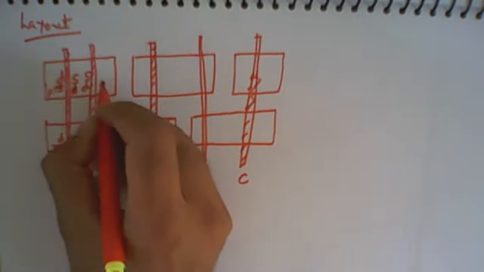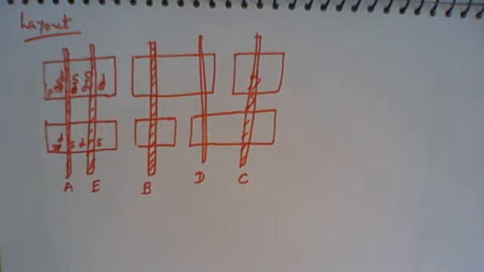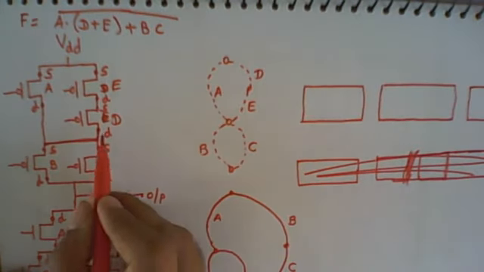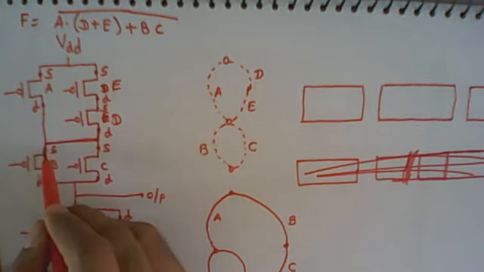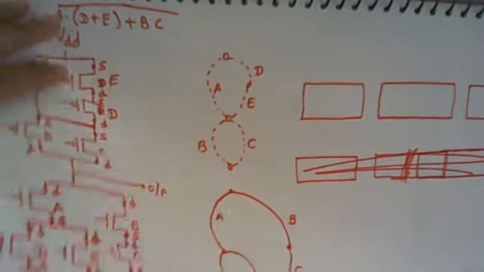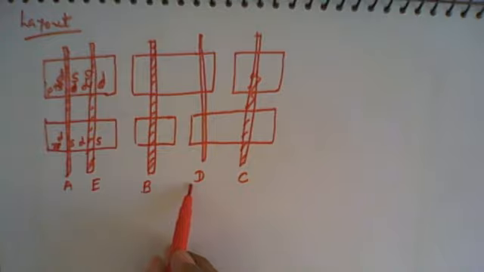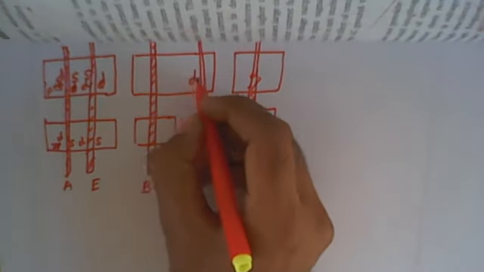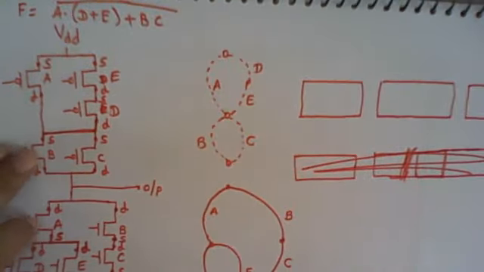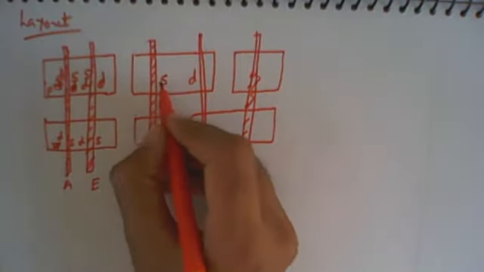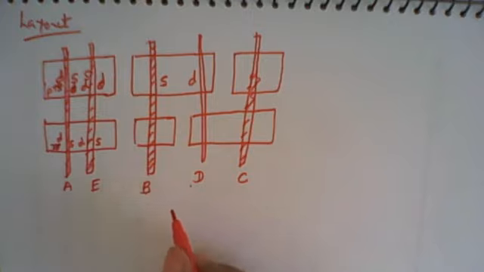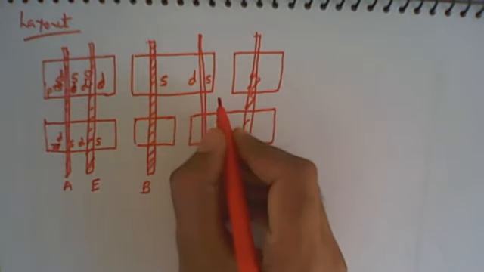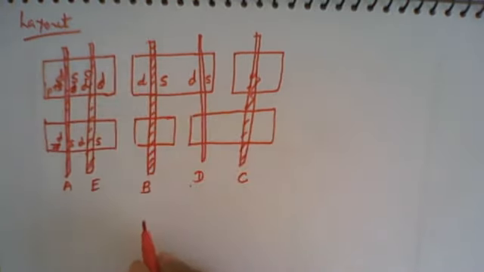So remaining is the drain terminal. And drain of D connects with the source of B. So this is B and D. So drain of D connects, in the P MOSFET, with the source of B. So let me call this common as source of B and drain of D. So remaining is source of D and here is the drain of D.